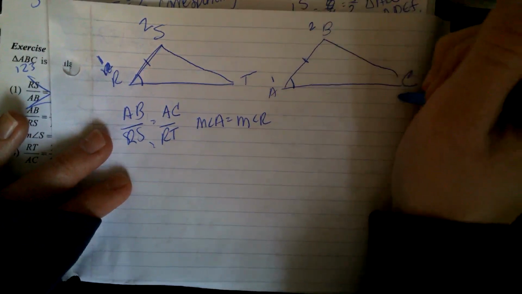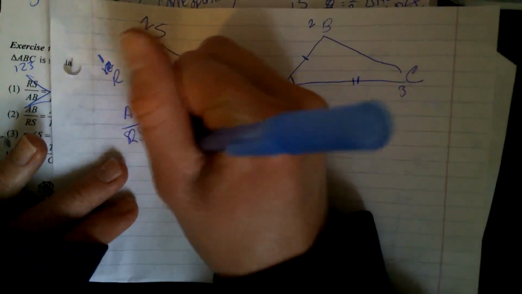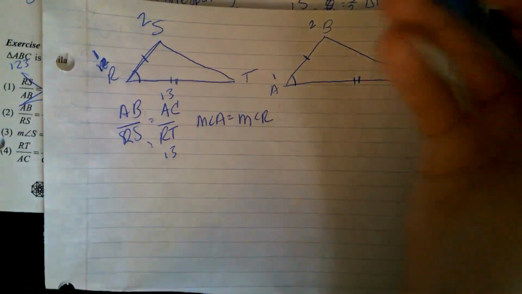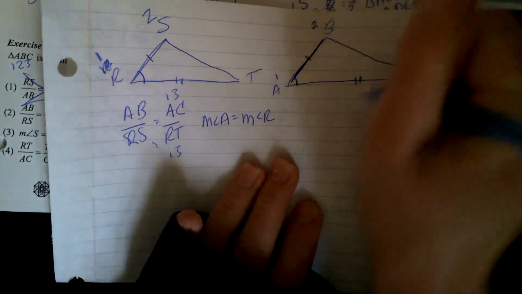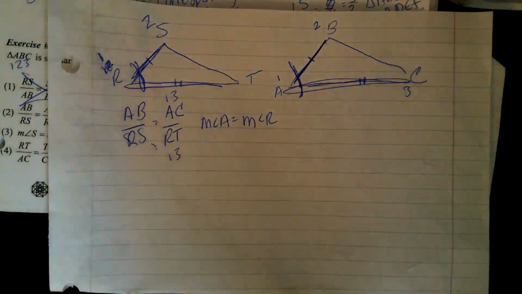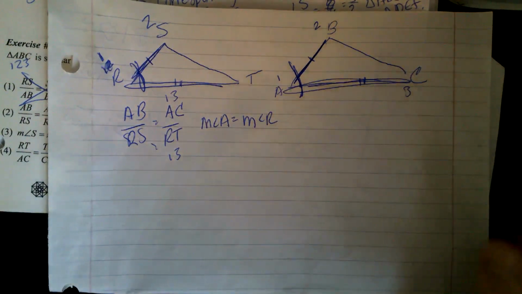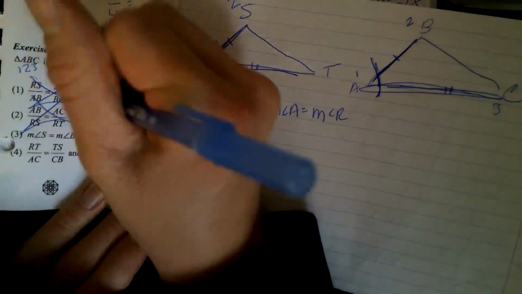And AC over RT. So those match up. As you can see, we have this side and this side, and A and R are the included angle in between those two proportional sides. So since that works, our answer cannot be number 2 because, again, we're looking for the false one.